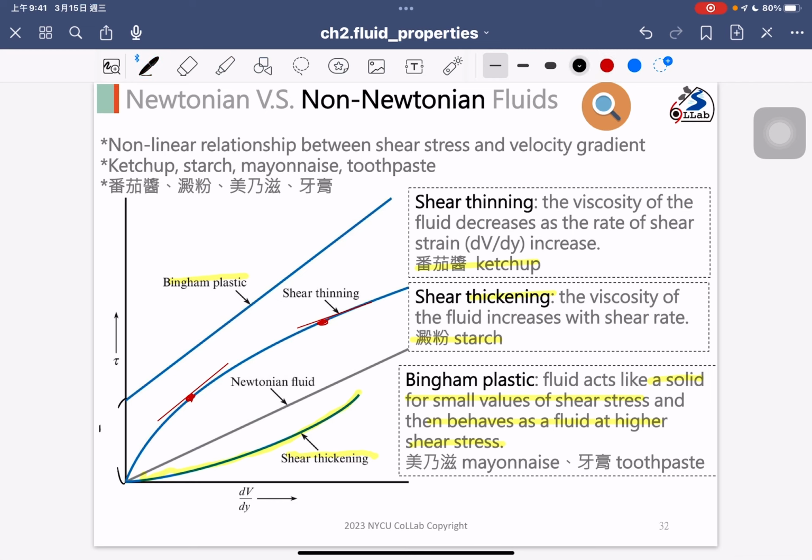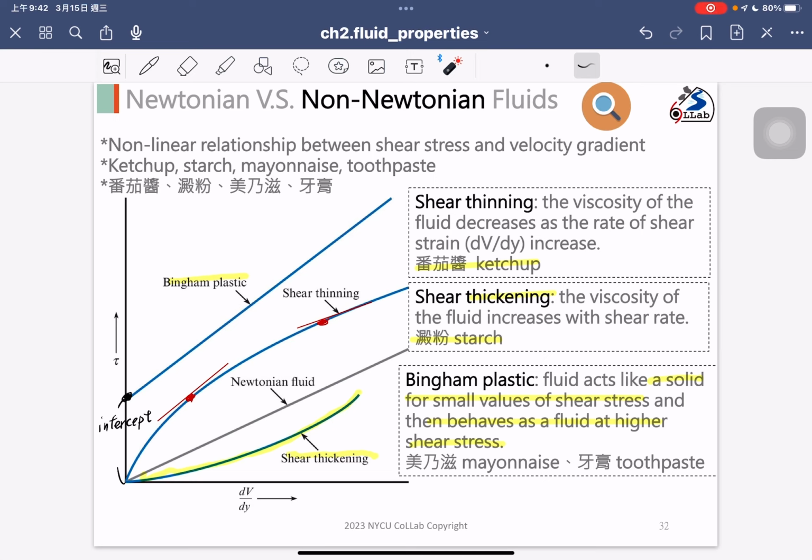So we have the intercept value, right? There is a jump. So if your shear stress is lower than this point, the material will be a solid. If your shear stress is higher than this point, the material will become a fluid.